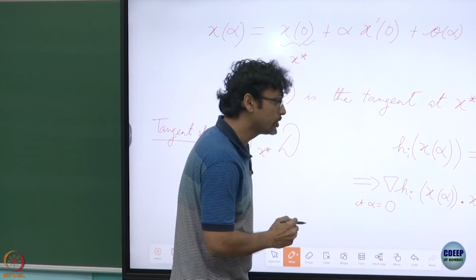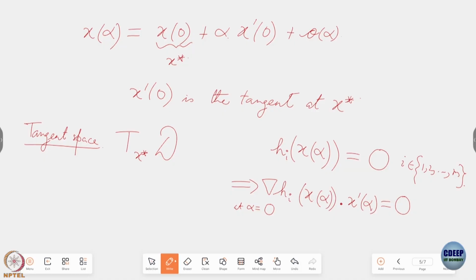So at alpha equal to 0, what happens? Of course, if you plug in alpha equal to 0 here, you just get x star and its dot product with, voila, this is the tangent direction.